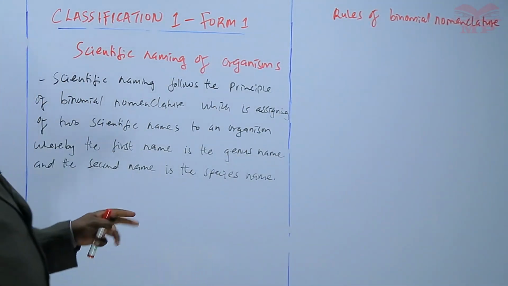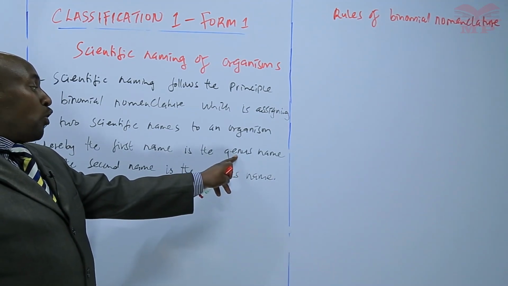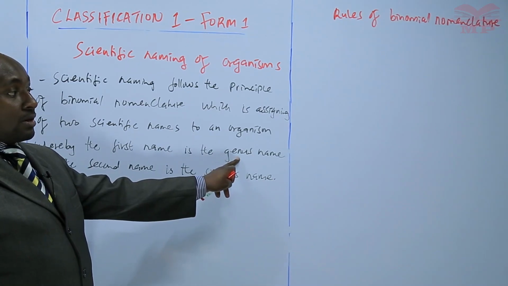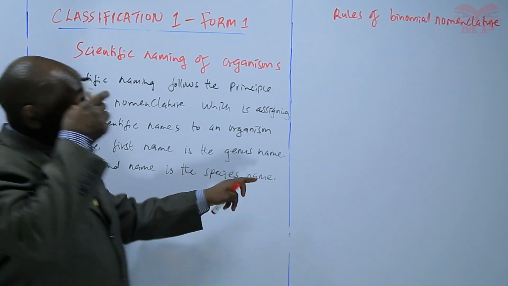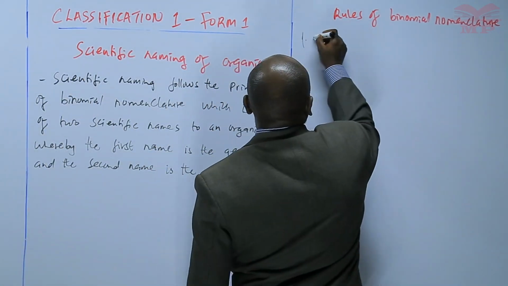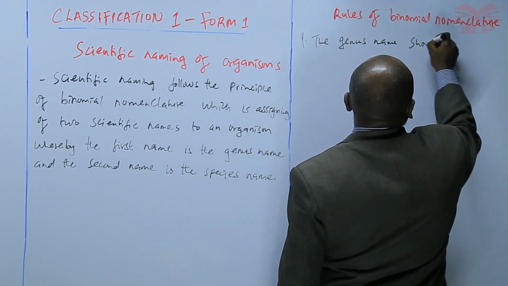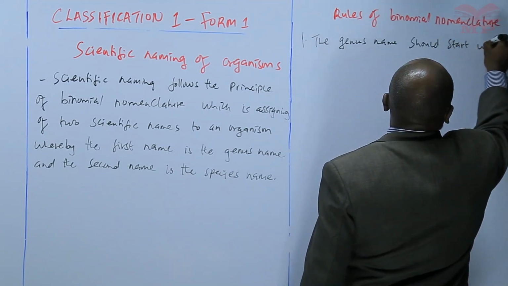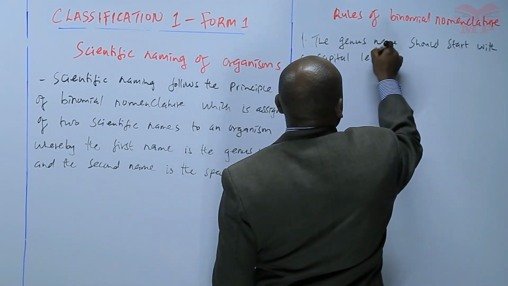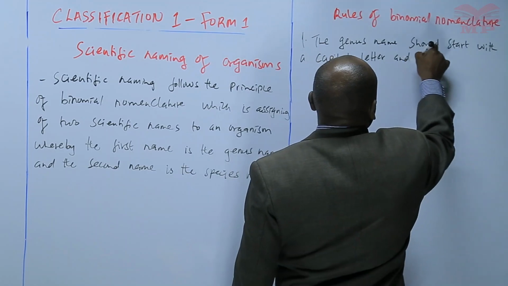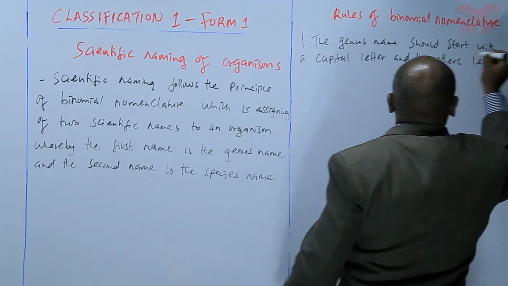First, the genus name must start with a capital letter, while all the other letters must be small. While the species name should be written in small letters. So that is one rule, that the genus name should start with a capital letter and the other letters should be small.